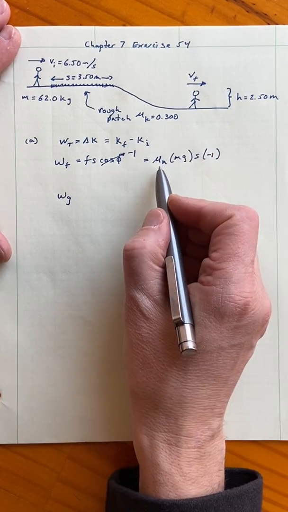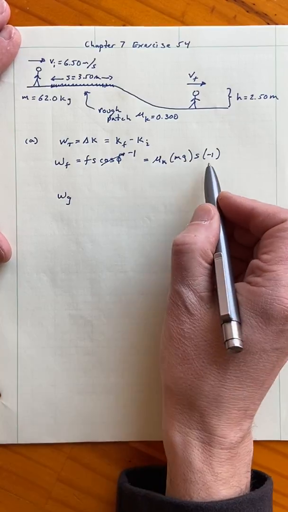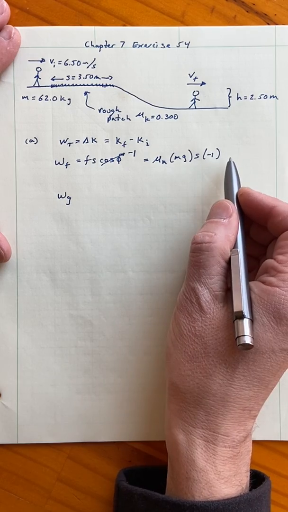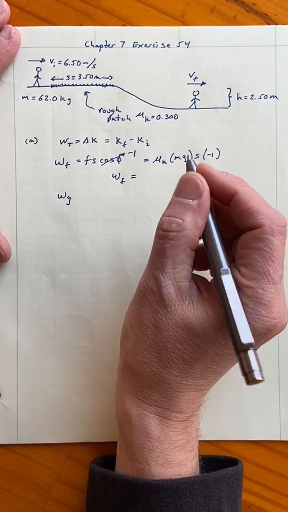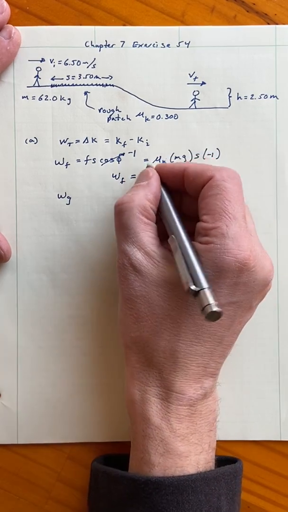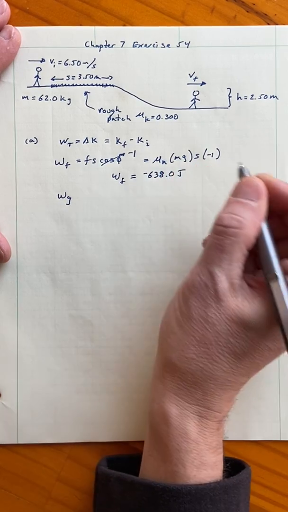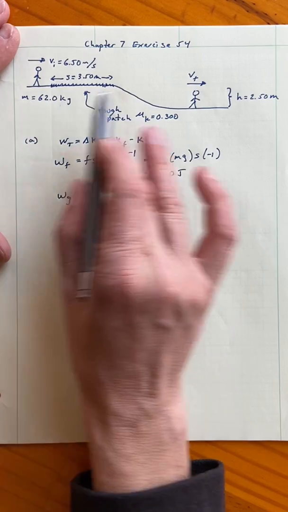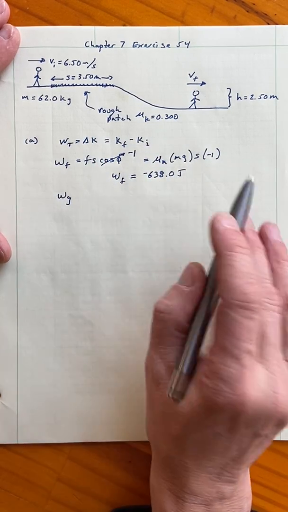So if you take the coefficient of kinetic friction, the skier's weight, s, which is 3.5 meters, and hit it with a -1, you should be able to convince yourself that the work done by the friction force is -638.0 joules. I'll include this 0.0 because it's a 3 sig fig problem throughout, so for these intermediate things I'll have 4 sig figs.